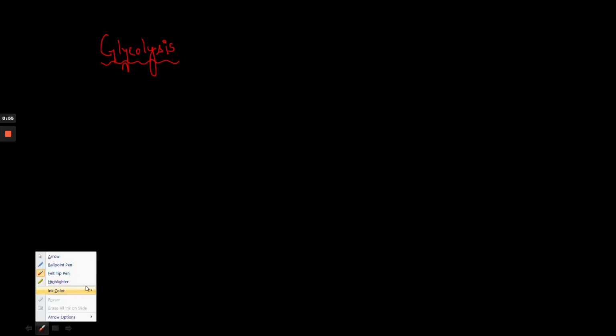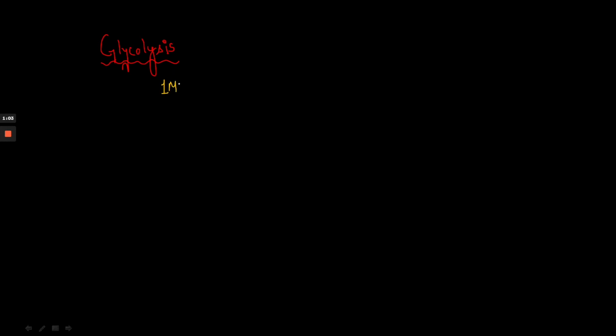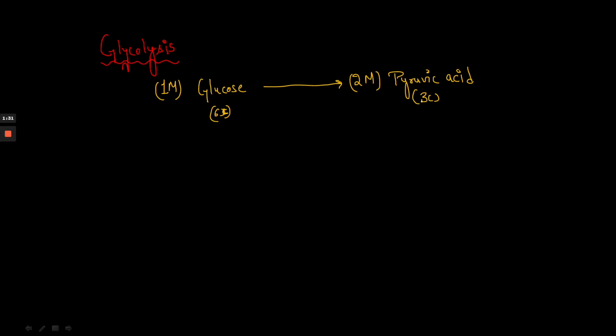In the process of glycolysis, one molecule of glucose is going to get converted into two molecules of pyruvic acid. Glucose is a 6 carbon compound which is going to get converted into two molecules of pyruvic acid having 3 carbon in each molecule.